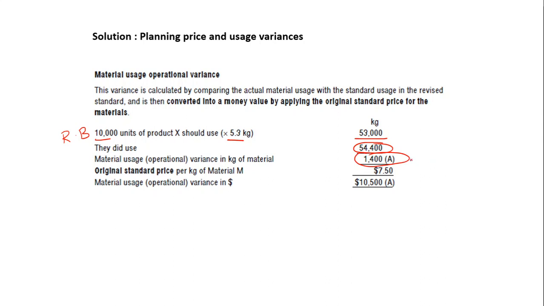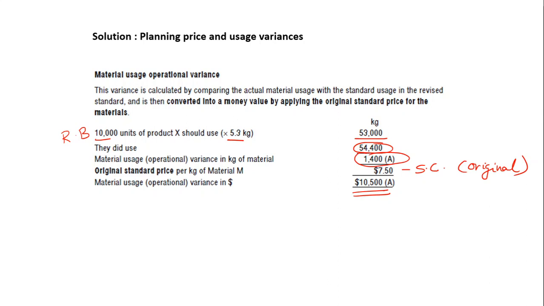And this is again adverse because you've used more material than you were supposed to. Again multiplied by your standard cost, that is your original cost and not the revised one, and what you get is $10,500 adverse. And this is simply how you calculate your planning and operational variances.